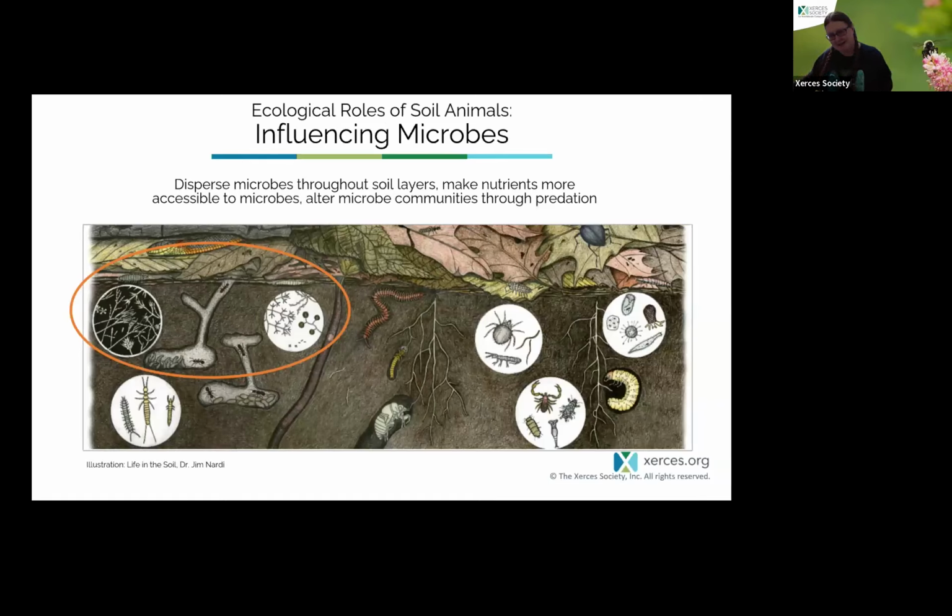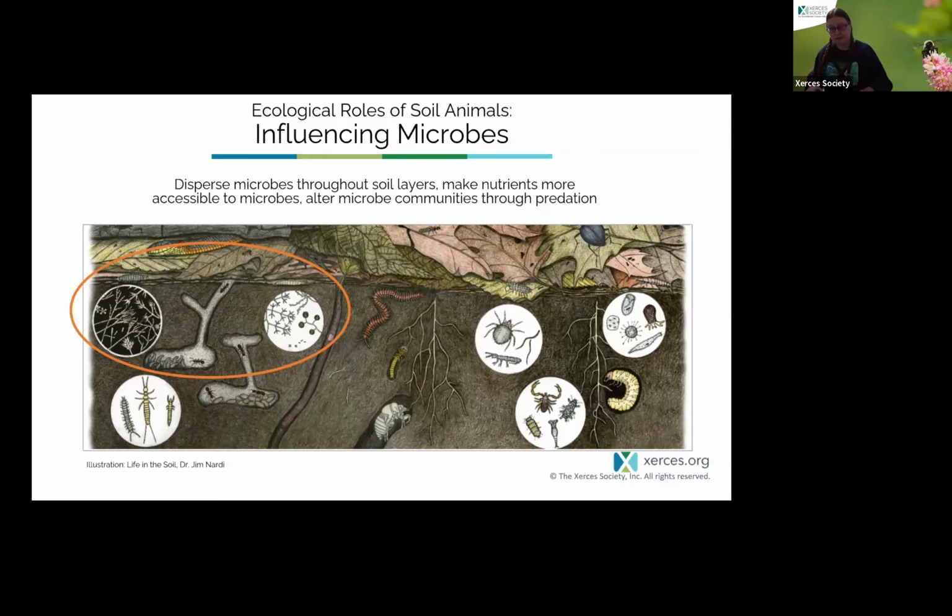And my favorite part that I like to talk about are what are the ecological roles of these soil animals. And so we'll start here with influencing microbes. They disperse microbes throughout the soil layer, make nutrients more accessible to those microbes, and alter those communities through predation. So that interaction is really important.